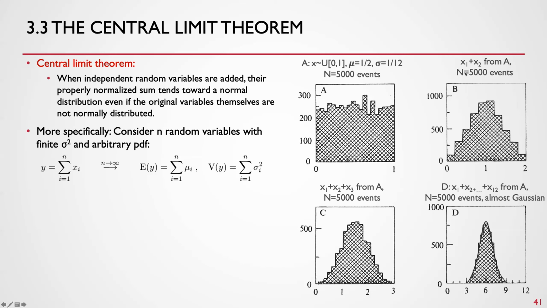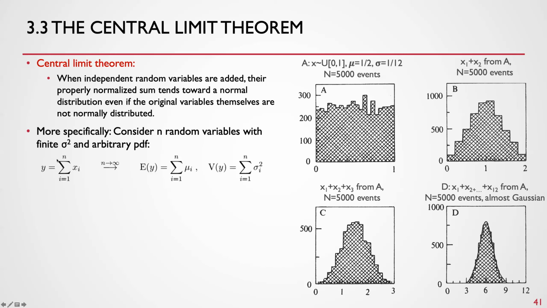Now consider the sum of 2 such measurements, and it will become triangular. If you add more of the uniformly distributed quantities, they will approximate a Gaussian. The bottom right plot shows the sum of 6 uniformly distributed values, so it peaks at 6, and the distribution is already close to Gaussian. This can be proven.